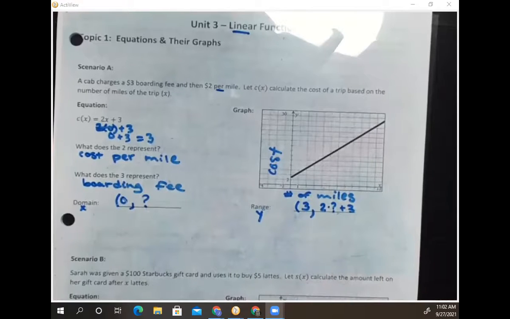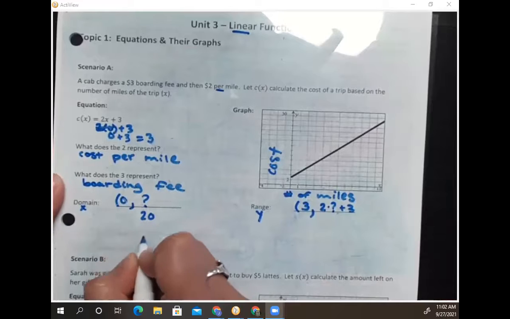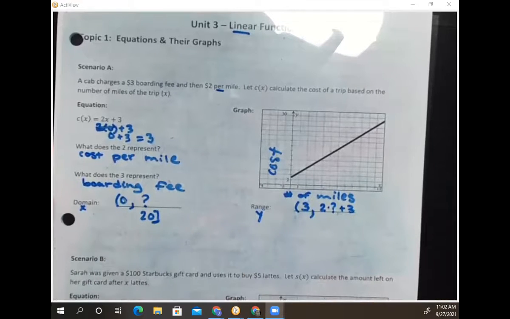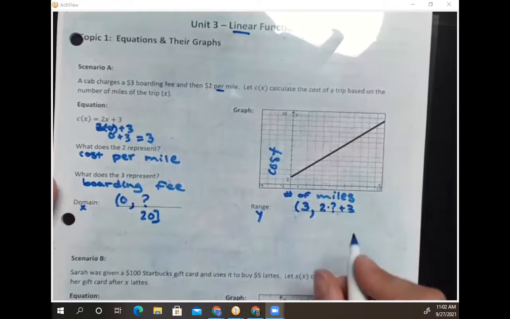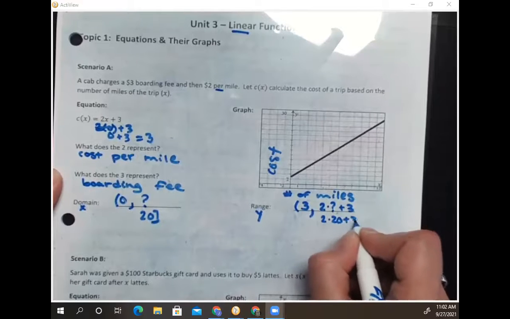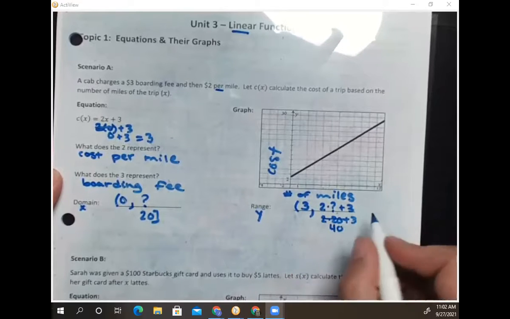Let's say that our top number of miles our driver's willing to go is 20. So just under here, I'm going to do an example. Let's say they're willing to go 20 miles, no farther. That means that our range would be 2 times 20 plus 3. So that would be 40 plus 3.